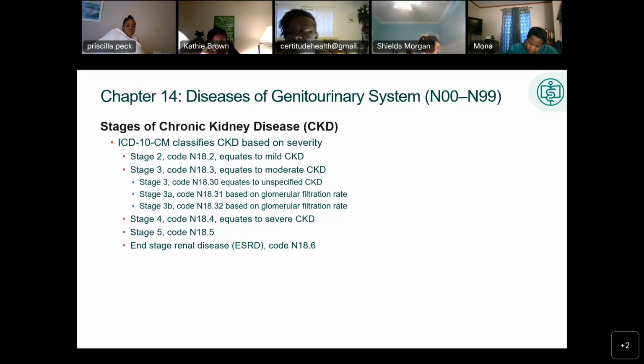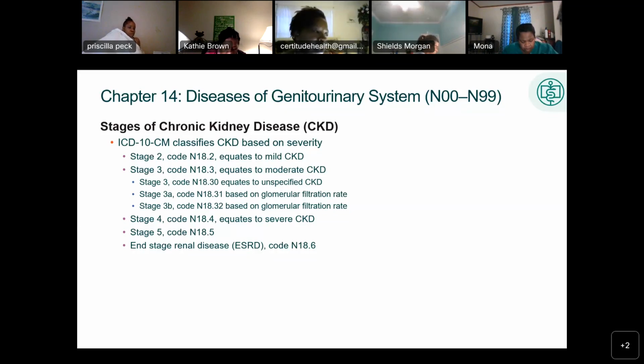This is all determined by labs, where they draw blood and determine a patient's stage of CKD. Stage 3B is also based on that filtration rate. And then you have stage 4, which equates to severe CKD.